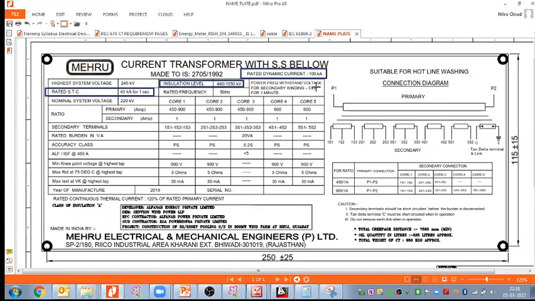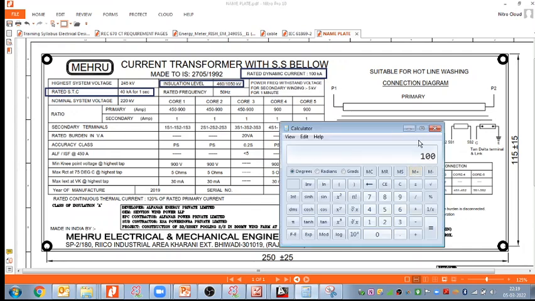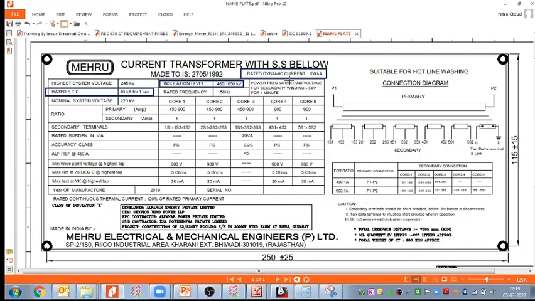It means how much peak current this equipment can handle. That is the significance of rated dynamic current, Siddharth.